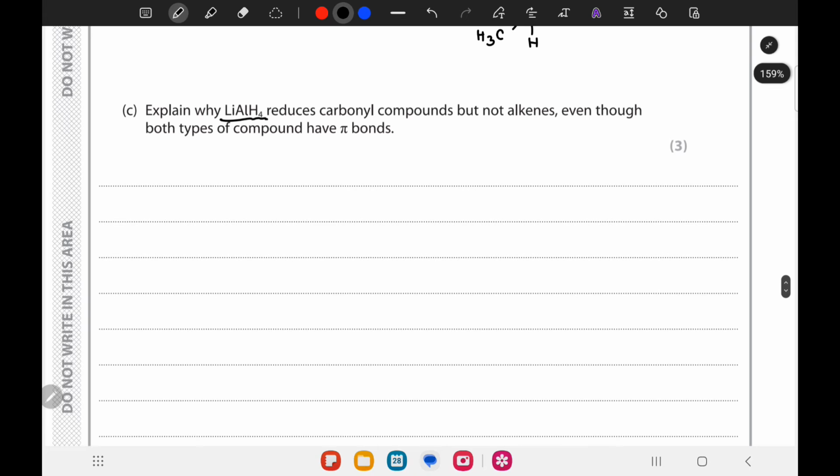Now we have to explain why LiAlH4 reduces carbonyl compounds but not alkenes, even though both have pi bonds. The problem is in alkenes, we have no electronegativity difference between the carbons. So the carbons are not electropositive.